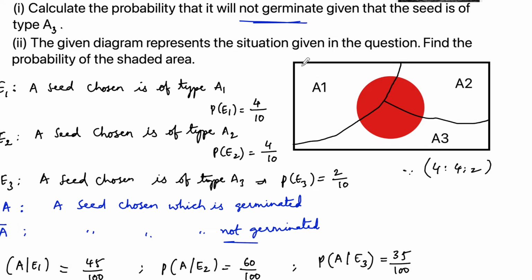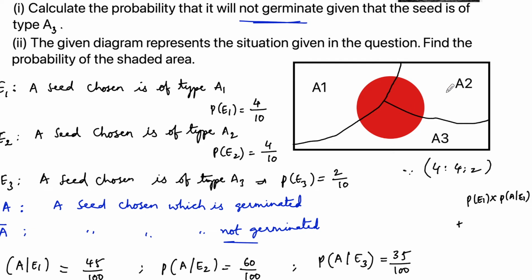First we need to select the type A1, that is P of E1, and then find the probability of a germinated seed which is of type A1, that is P of A given E1.